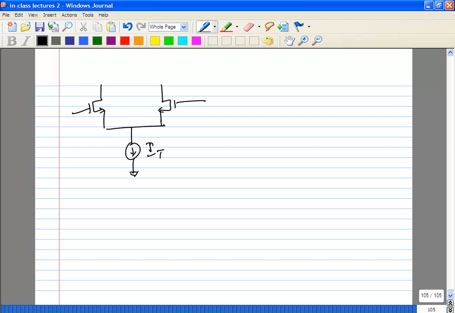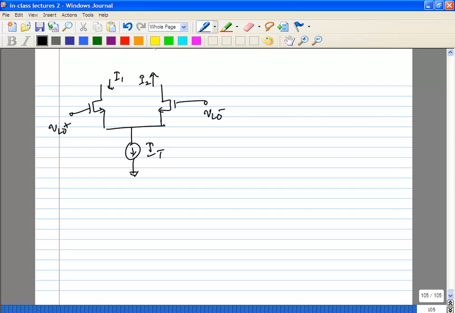So let's say this is the tail current IT. I1 and I2 are the output currents.